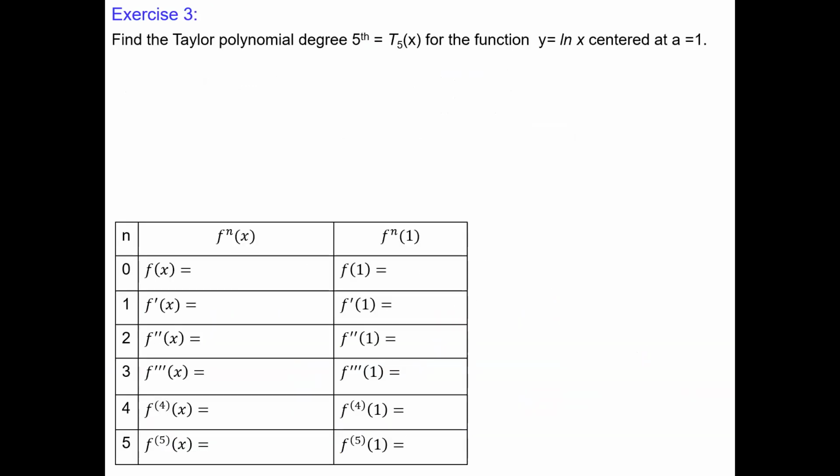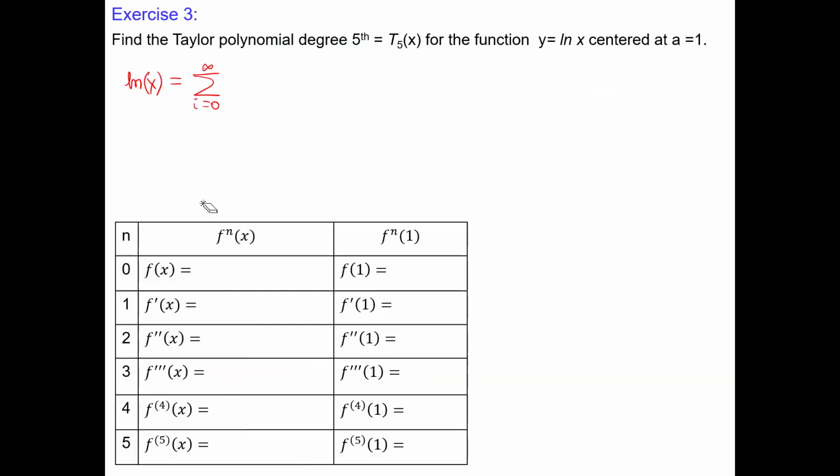Exercise number 3. Find the Taylor polynomial of degree 5 of the function natural log of x centered at 1. We don't know the formula for this one, so we will just do it from scratch. We know the formula for the Taylor polynomial, the Taylor series.